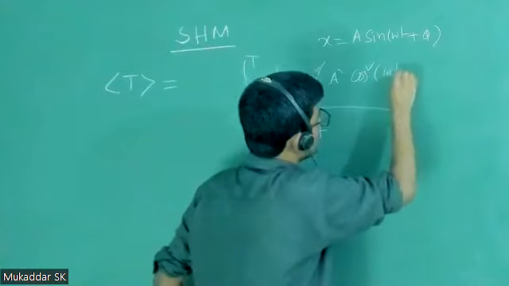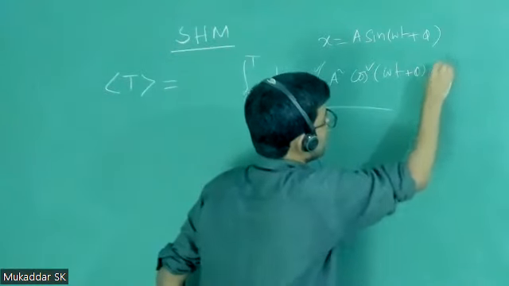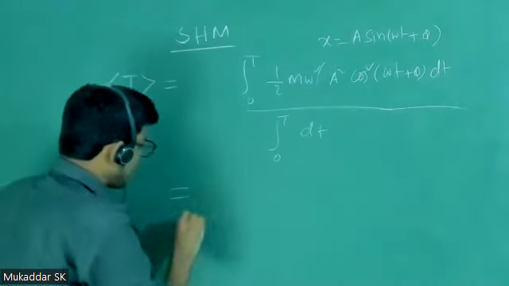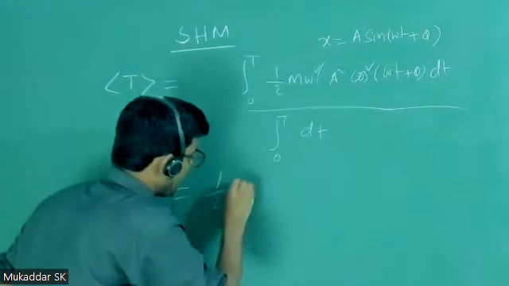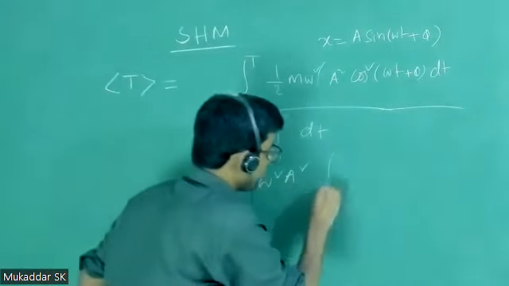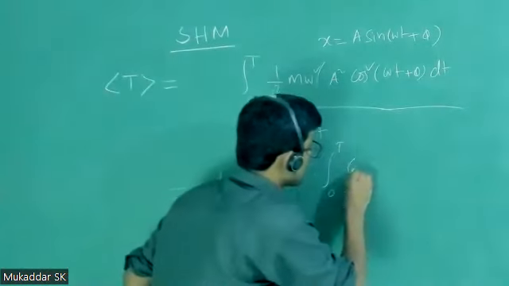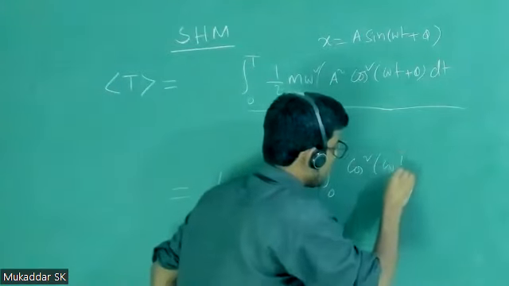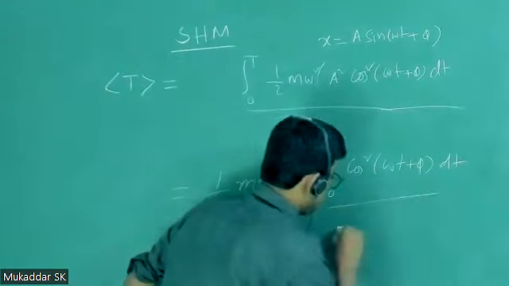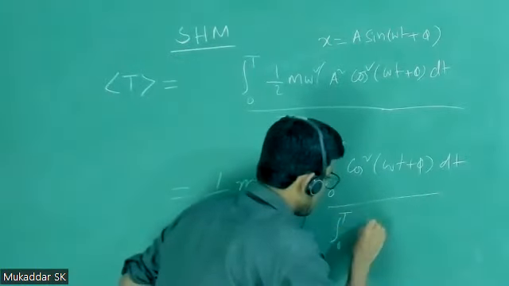So a square comes out, and then you bring the constant out, 1/2 m omega square a square, and then you have 0 to capital T cosine square omega t plus phi dt over 0 to T dt.